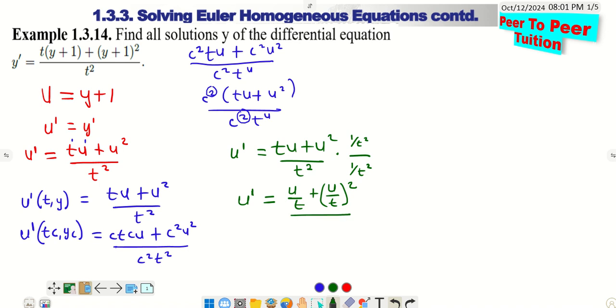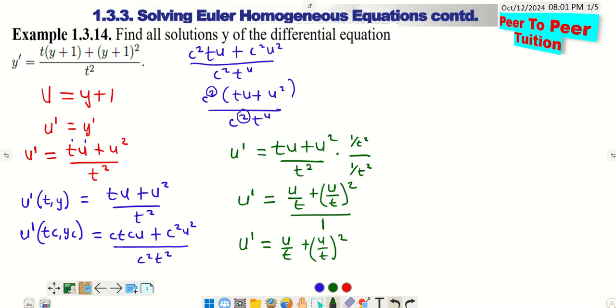Then all divided by t squared times 1 over t squared will be 1. So finally I will get u prime is equal to u over t plus u over t all squared.